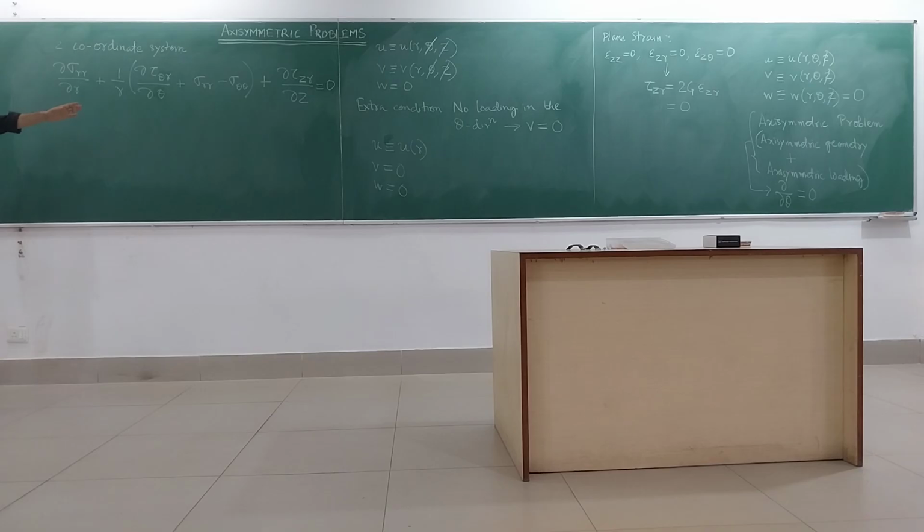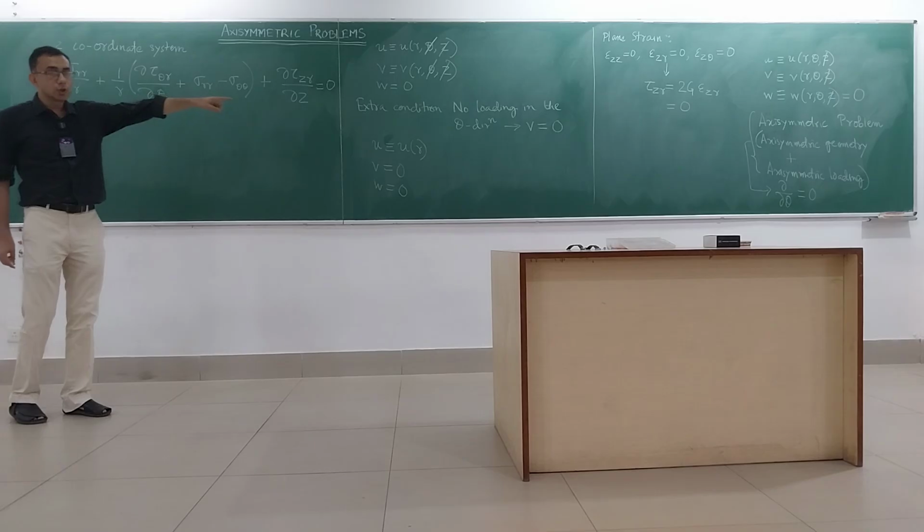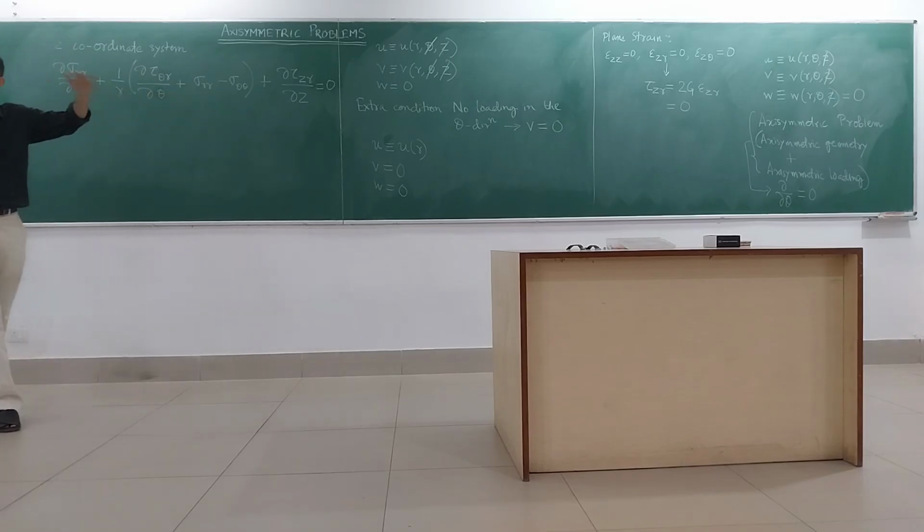And then you write this equation. After writing that, tau zr equal to 0 following from the plane strain, you write considering this equation again, and then you write this equation. Quickly, write this.